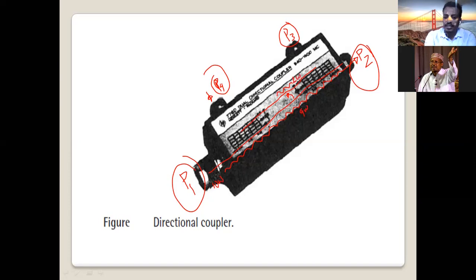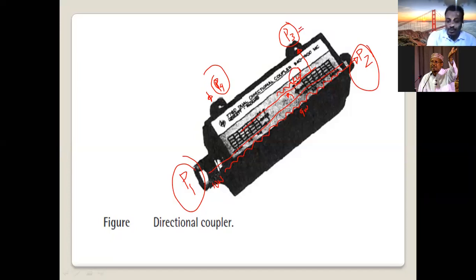You see, this signal is divided into 2 parts: 9 watt directly, 1 watt coupled. Now, this wire goes to which port? Port number 3, P3. This coupled 1 watt signal must go to port number P3 as output.